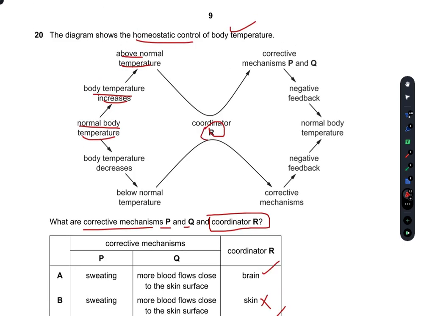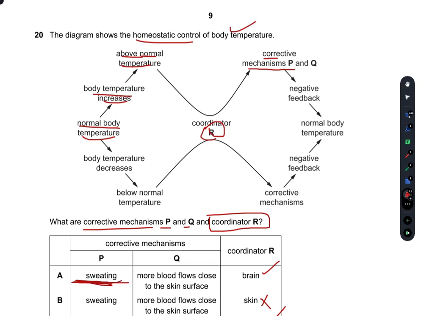So now the temperature has risen, so we have to lose the internal heat of the body. So we will carry out sweating.